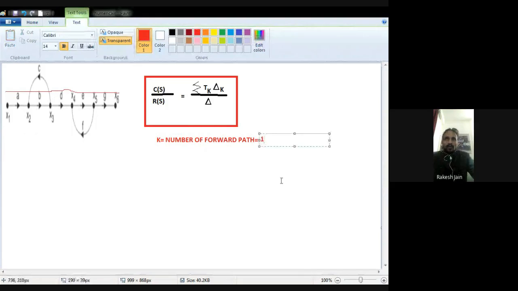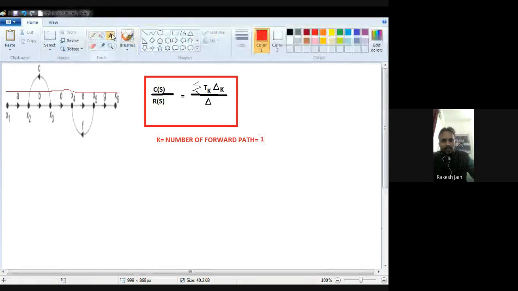Now because I have only one forward path, what is my next step? As I told you, I replace the formula depending on the value of K. So what will be my formula? Now my formula for this question is Cs upon Rs equal to, only one forward path is there, so just write the value over there, T1 del 1 upon del.